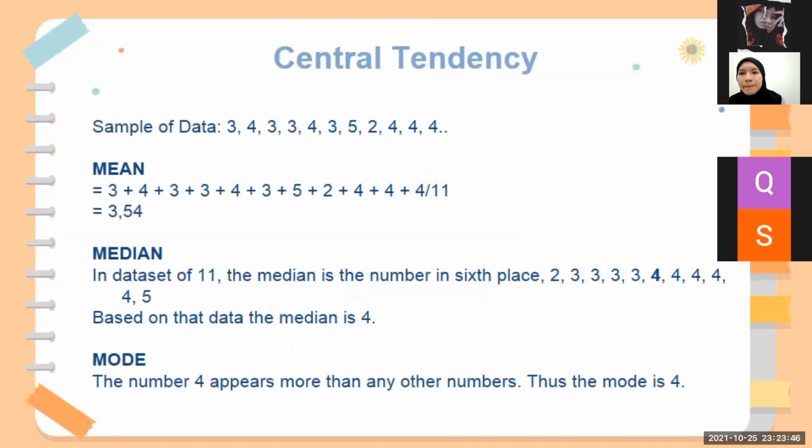So here we can organize our data with central tendency.